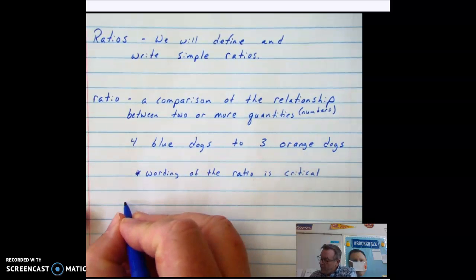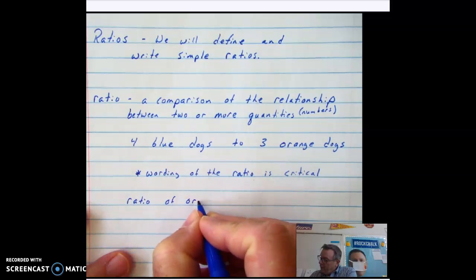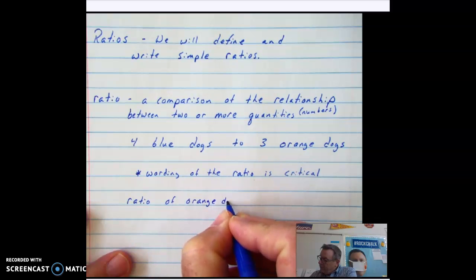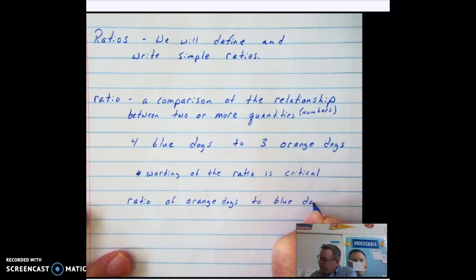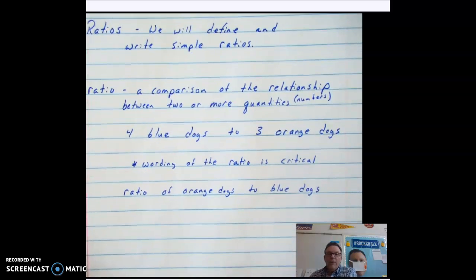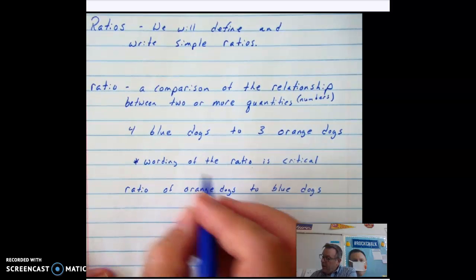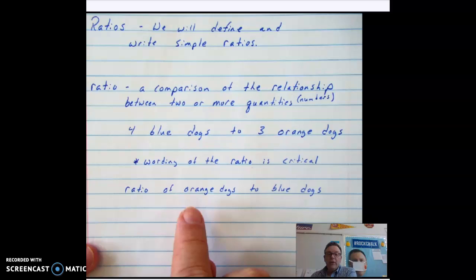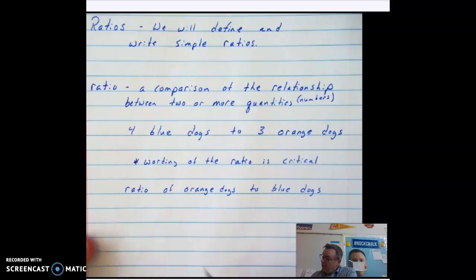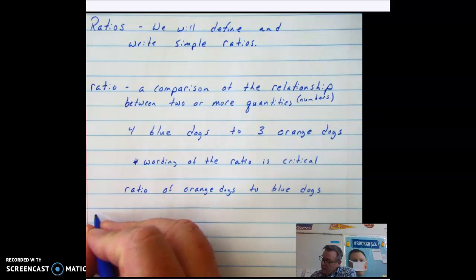What I want to know is the ratio of orange dogs to blue dogs. This is why the wording is so important. On here I said 4 blue dogs to 3 orange dogs, but my question asks for the ratio of orange to blue dogs.